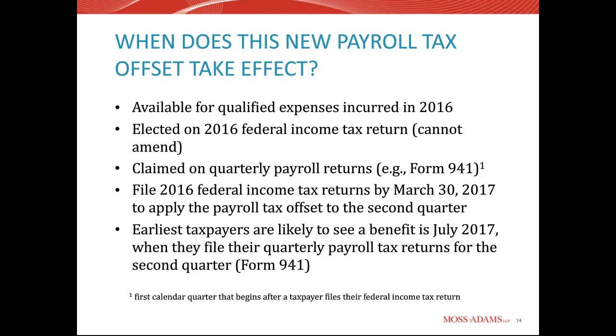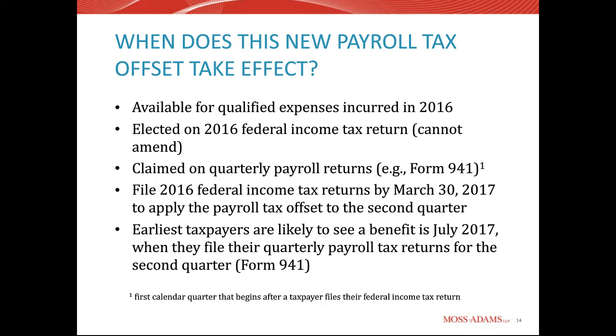So one of the most common questions that we're getting from companies is, when do these new rules take effect? So here's how it's going to work. First, you need to claim the R&D credit on your 2016 federal income tax return. On that return, you need to specify how much of it that you want to elect against payroll taxes, up to the $250,000.